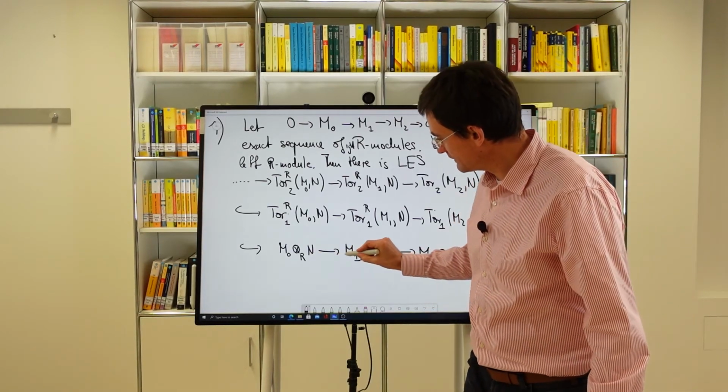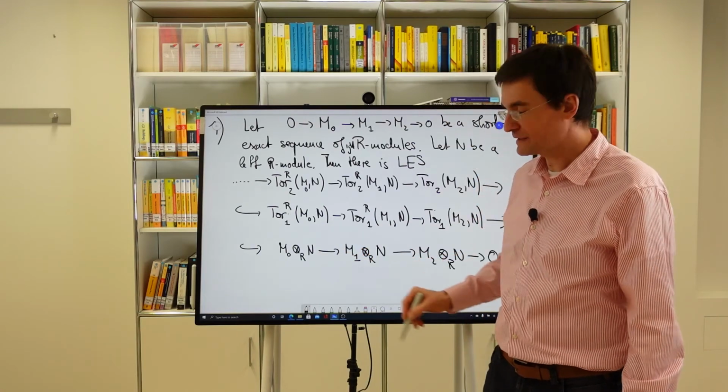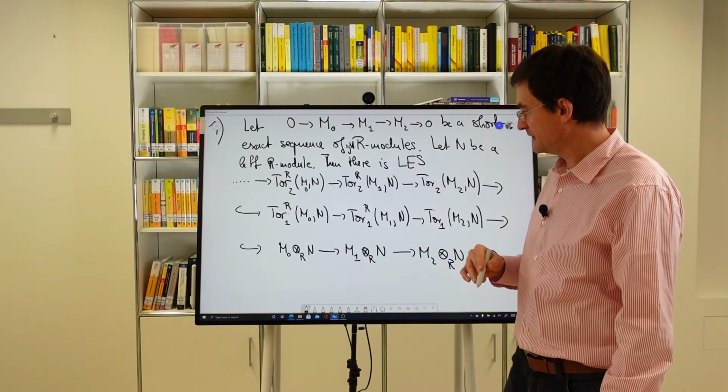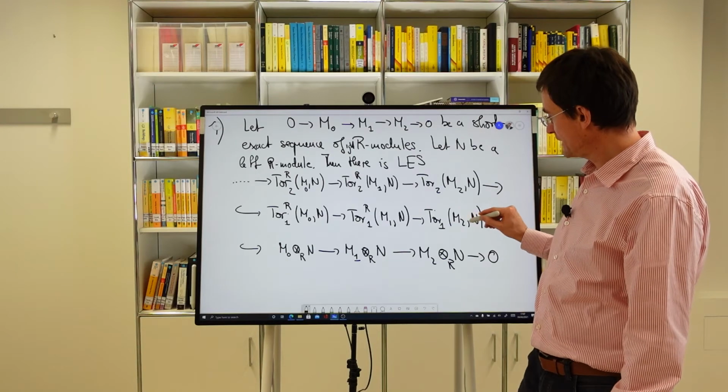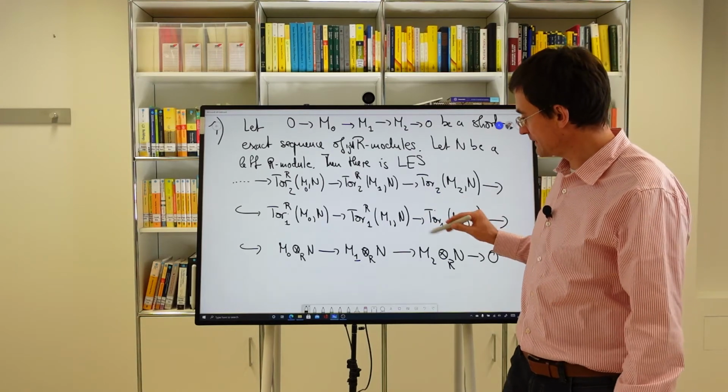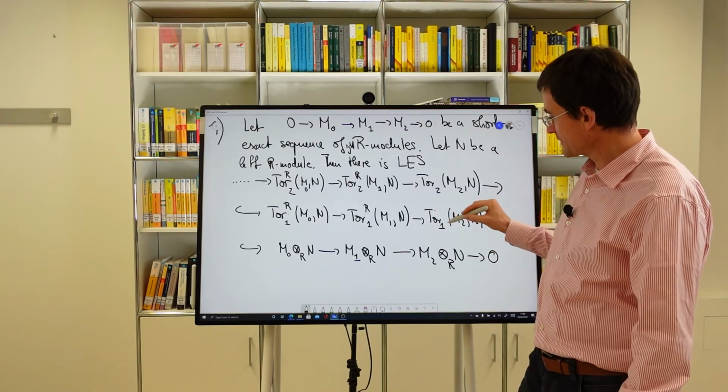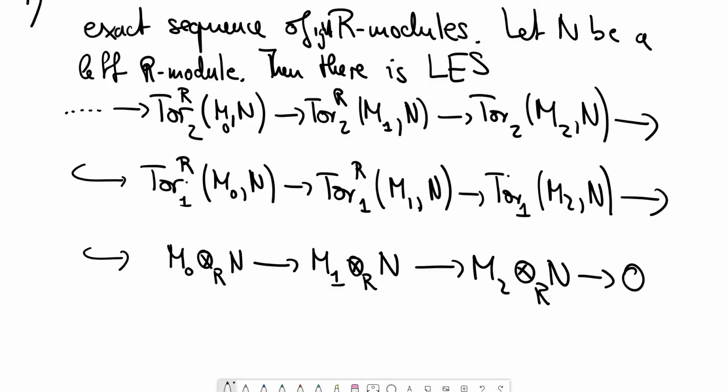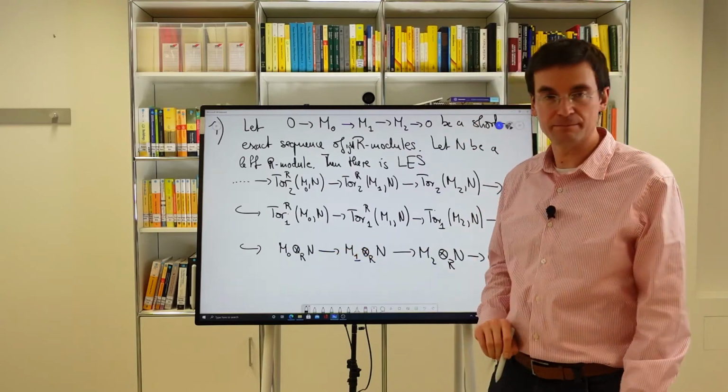But this is not necessarily injective anymore, but the degree to which it is not injective is measured by the Tor term, and more precisely, it's not just one Tor term, but this will be embedded into this long exact sequence. In particular, if this Tor 1 term vanishes of M2, you would get that this map is injective.